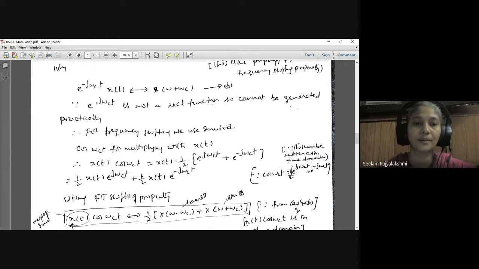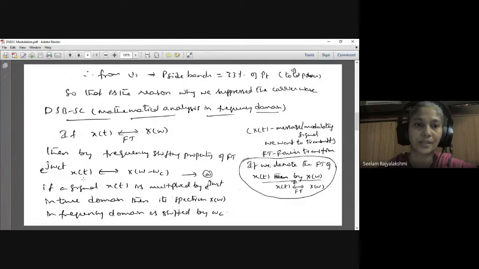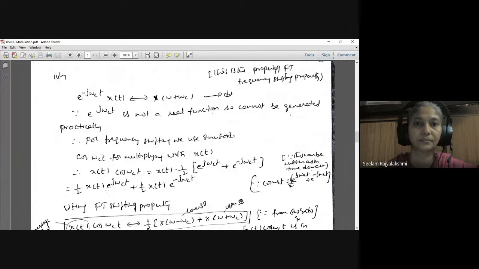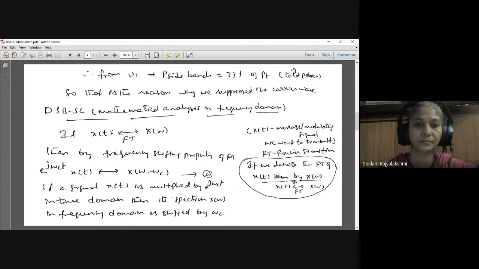By applying the Fourier transform shifting property, we already saw x of t e power j omega ct, equation a, and x of t into e power j omega ct; we have already applied this.